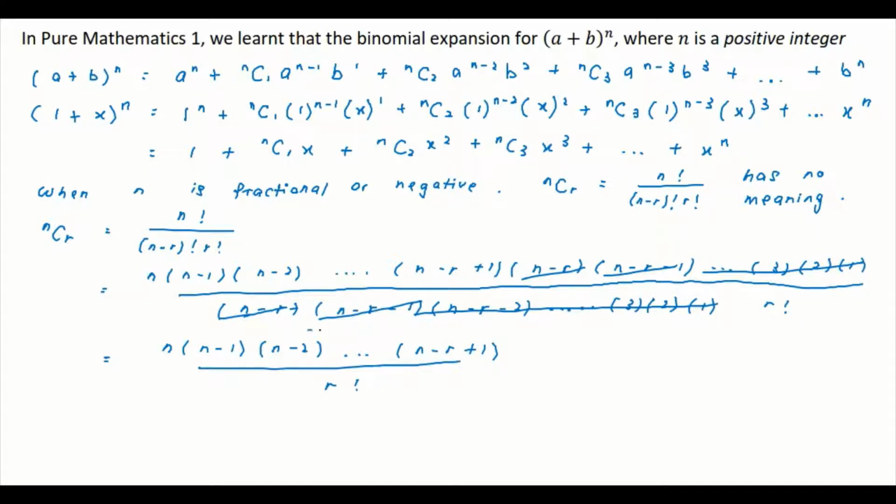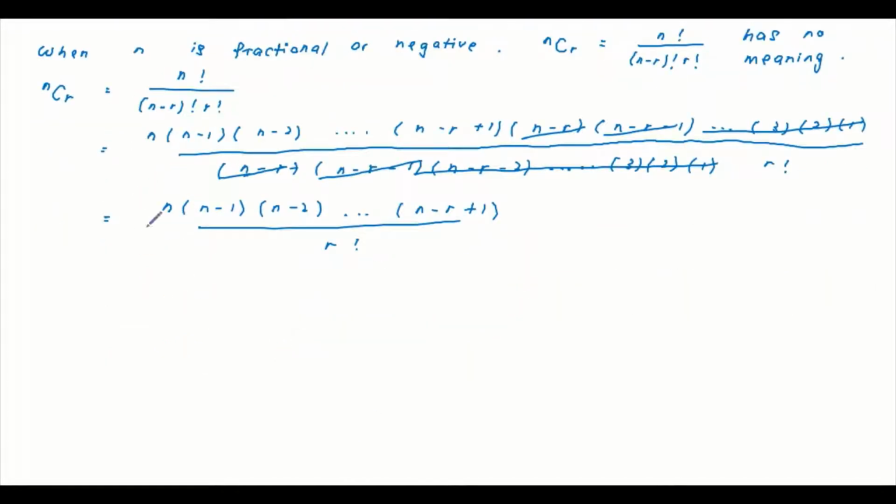Okay, so it looks very complicated here, but let's try to put some numbers inside. Let's say you are having nC1, how is that going to look? If you change it to nC1, meaning that your r now is 1, this is r factorial. We will continue this series until n minus r plus 1. If I substitute a 1 here, then I get n minus 1 plus 1, so what do I have left?